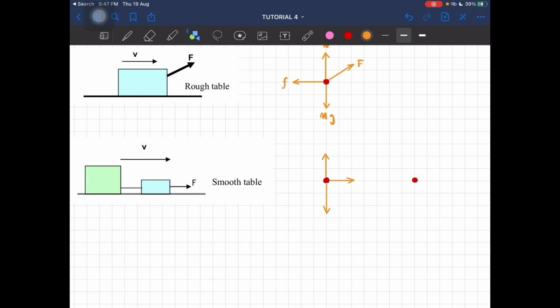So that is for the green block. For the blue block we have weight, this external force here, another tension here, and the normal force. It is a smooth table, so there is no friction force. So this is the weight of the green block, the weight of the blue block, this is the tension, the normal force, and this is the external force.